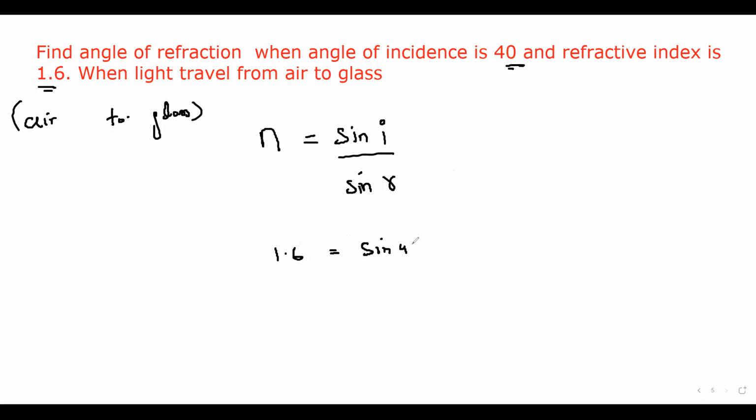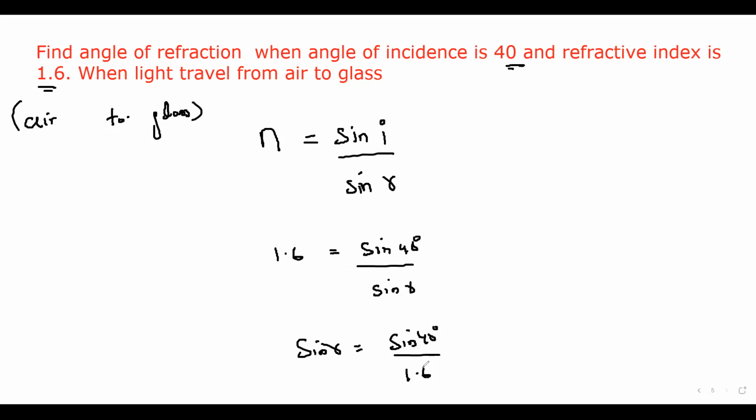So I'll write sine 40 divided by sine angle R, or sine R is equal to sine 40 divided by 1.6, because sine R is divided on one side so on the other side it will be multiplied, and 1.6 is multiplied on one side so on the other side it will divide.